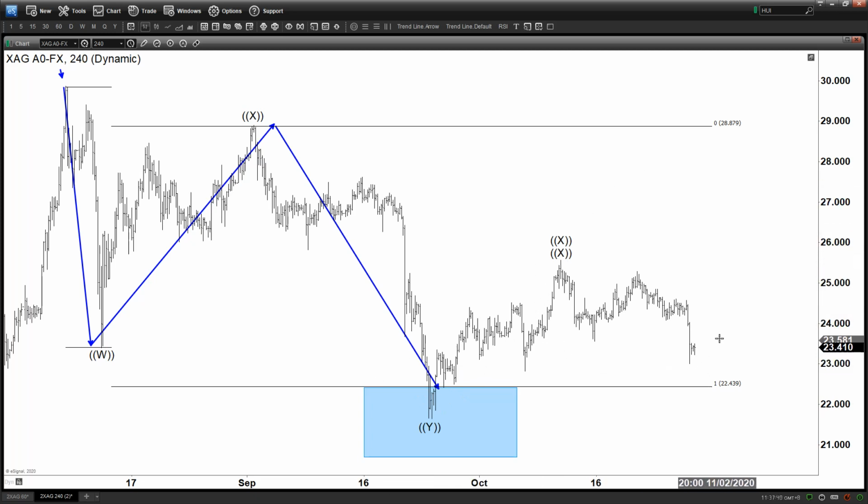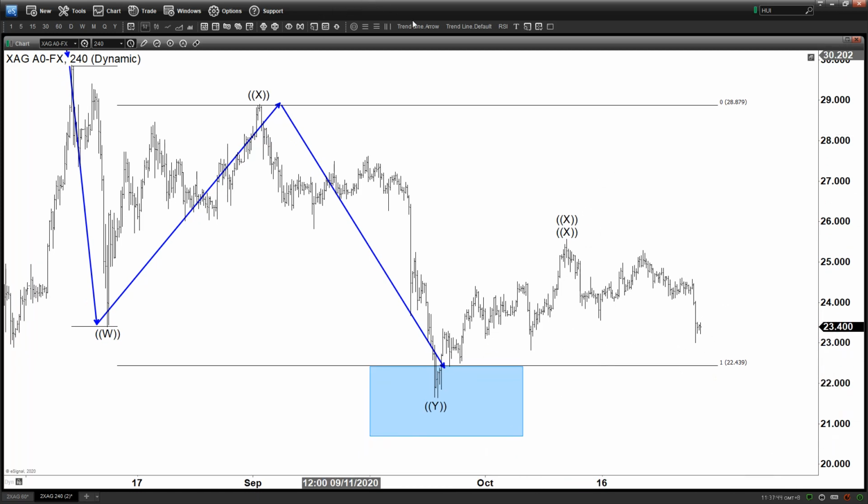Now what are we looking at now? First of all, the Z leg here, if it happens, the confirmation is only when it breaks below here. So until we break below here, technically you do not have a full confirmation this is really going to extend lower. That's number one.